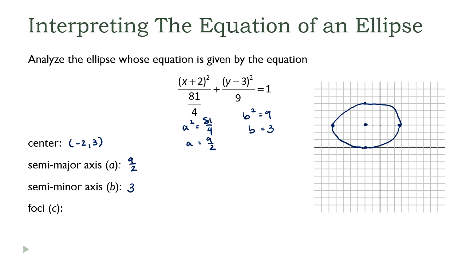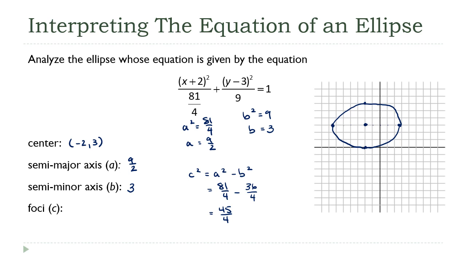All right, but we do still need to find the focal point. So to do that, we're going to use that same equation, c squared equals a squared minus b squared. a squared was 81 fourths. b squared was 9. Okay, 9, that's 36 fourths. 81 minus 36, that's 45. 45 fourths.